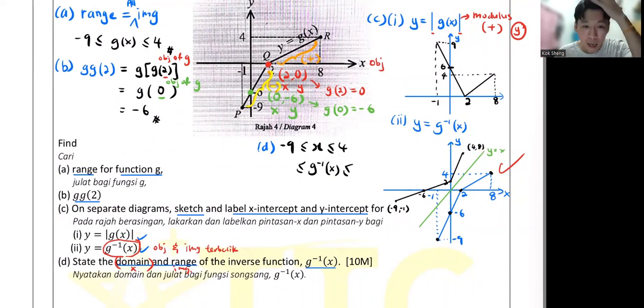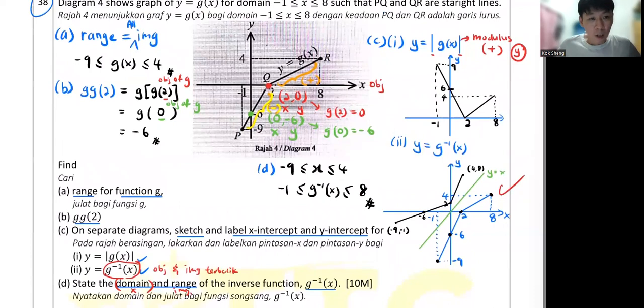Look at the black one, because of the inverse, don't look at the wrong graph. Negative 1 until 8. The working is less, but for the graph here, you have to understand the graph C1 and C2.